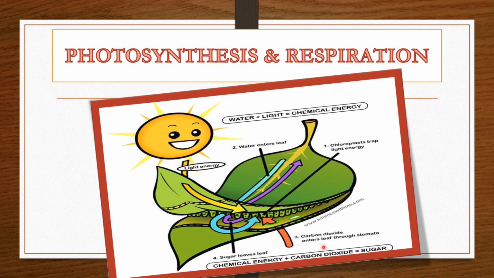Carbon dioxide enters leaf through stomata. This is brown arrow. So in case of photosynthesis, water plus light, to form chemical energy. And in case of respiration, chemical energy plus carbon dioxide to form sugar.